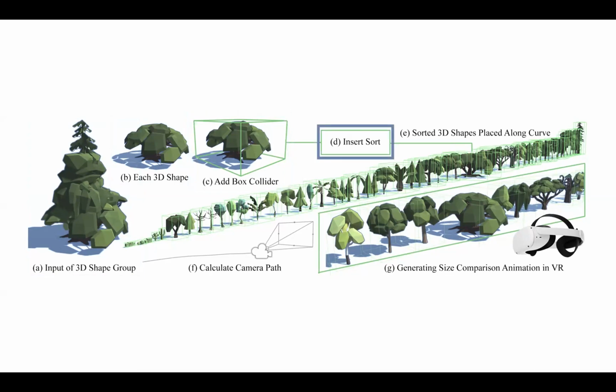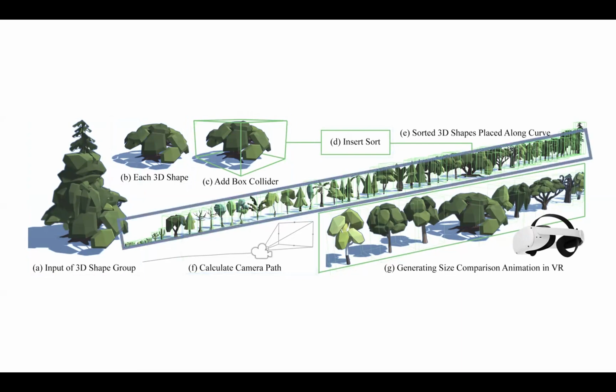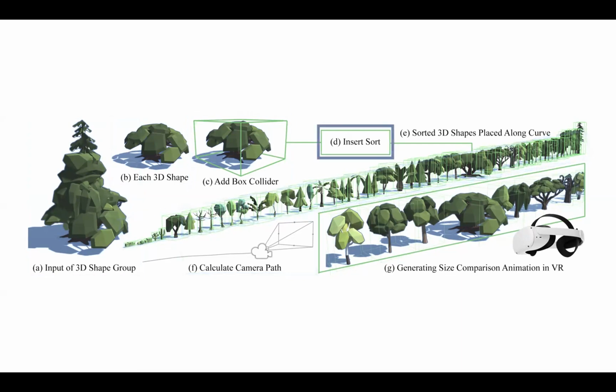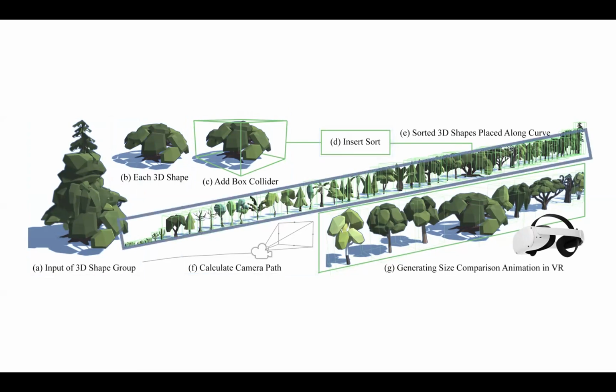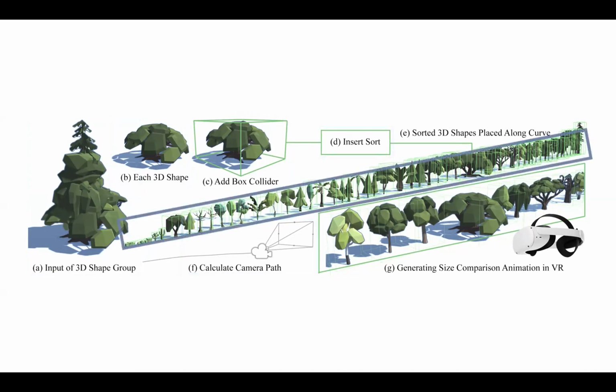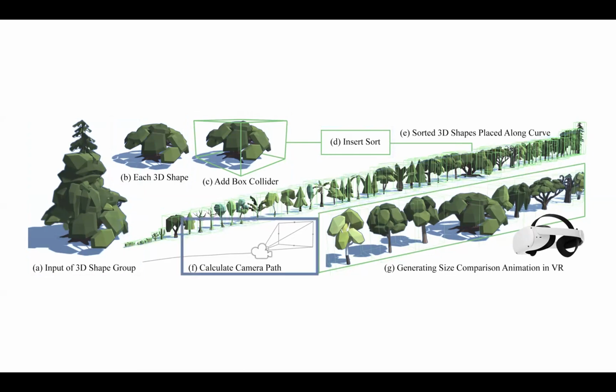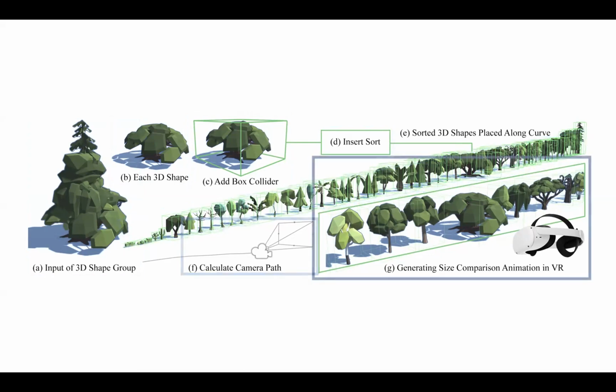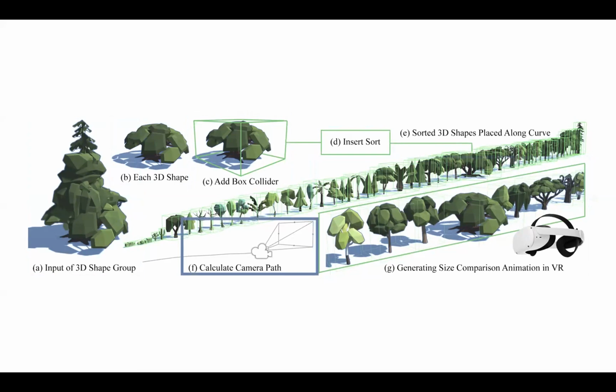After the insertion sort, there will be sorted 3D shapes, and then we place the shapes along a curve. This curve is defined through a parametric equation. According to this parametric equation, and also according to the height of the objects, we calculate the camera path. And in the end, we automatically generate the size comparison animations.